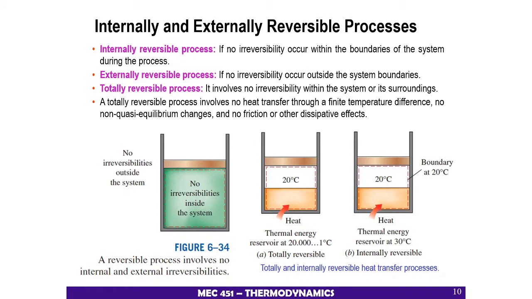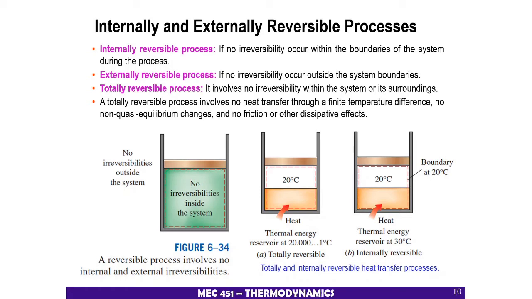Internally and externally reversible process. Internally reversible process: if no irreversibility occurs within the boundaries of the system during the process. For externally reversible process, no irreversibility occurs outside the system boundary. So the totally reversible process involves no irreversibility within the system or its surroundings.